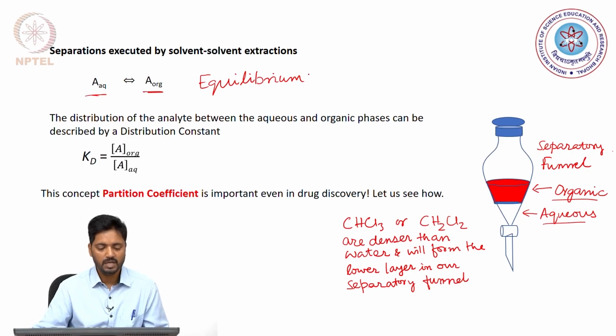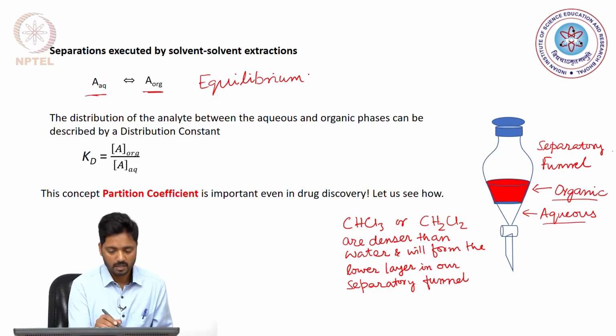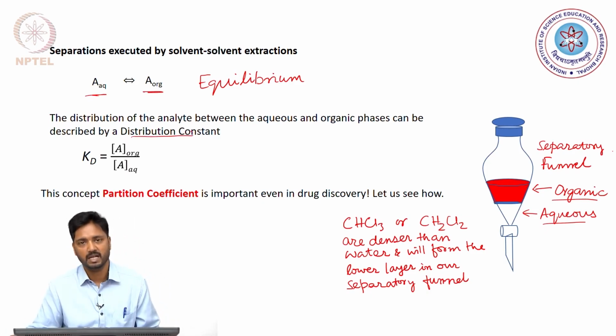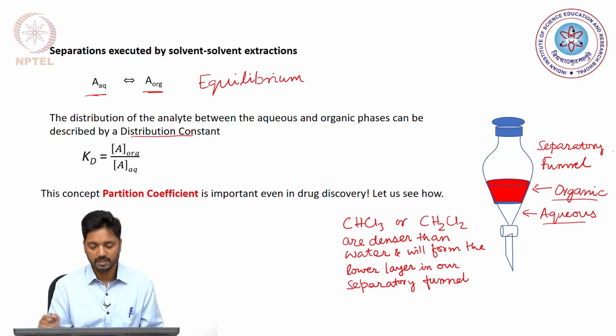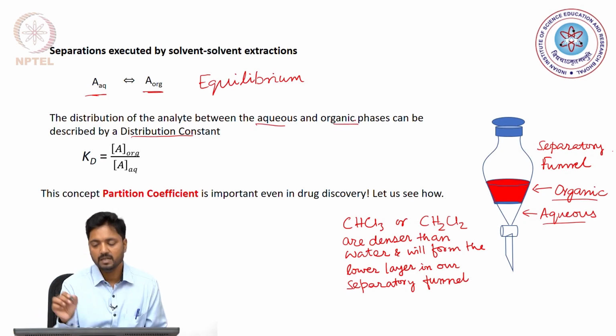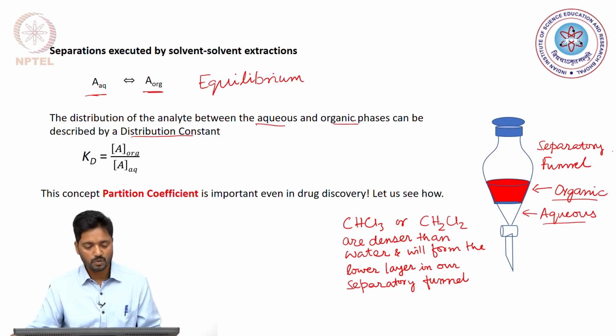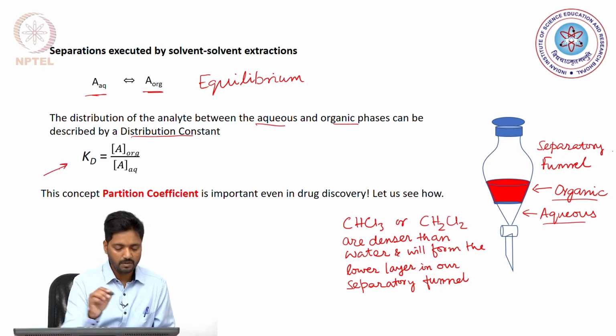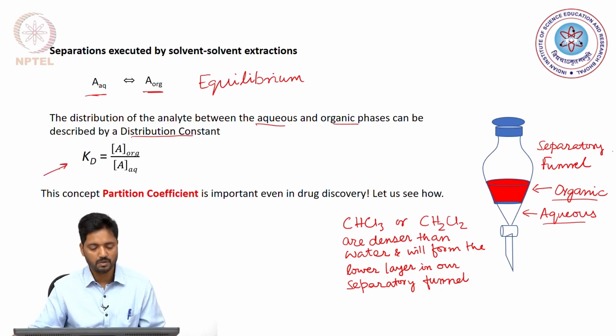here, we use the concept of a distribution constant for this analyte, and it tells us how the analyte is getting distributed between the aqueous and the organic phases. So, this distribution constant or equilibrium constant of distribution of the analyte between the two phases is given by this equation, where Kd is the distribution constant.